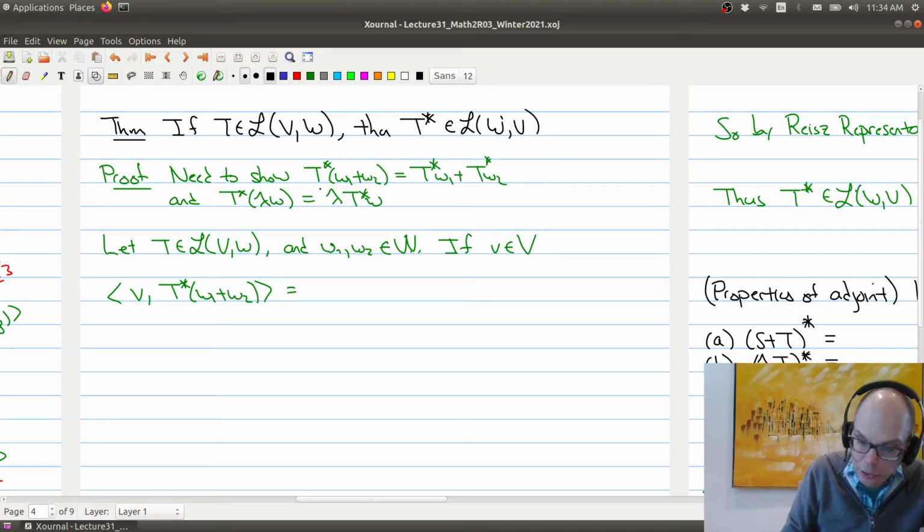So you need to show that T star of W1 plus W2 is the same thing as T star evaluated at W1 plus T star evaluated at W2, and we have the scalar property for our linear map.